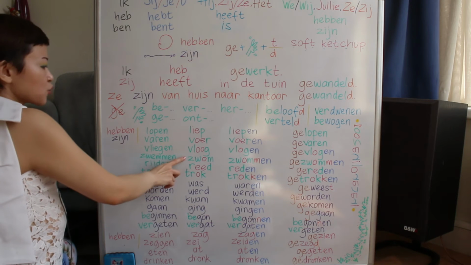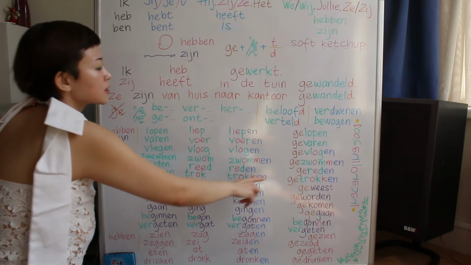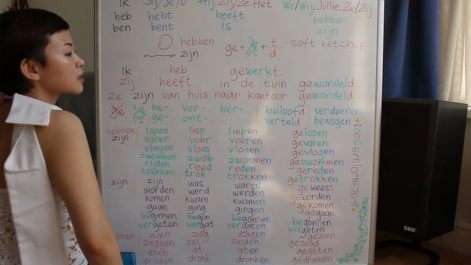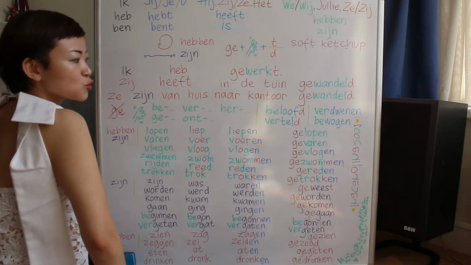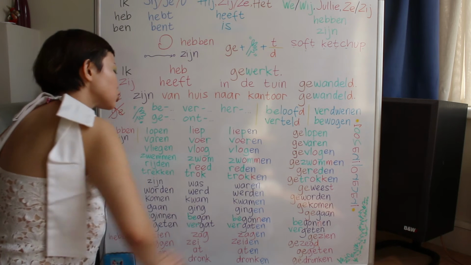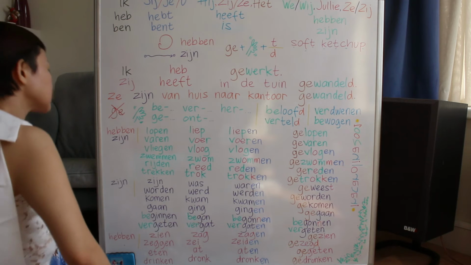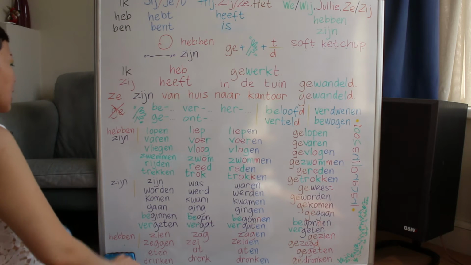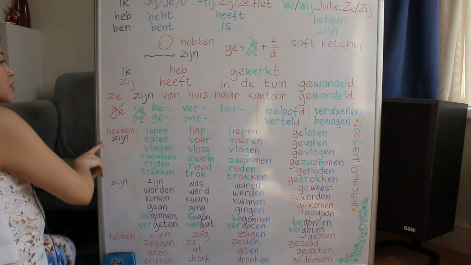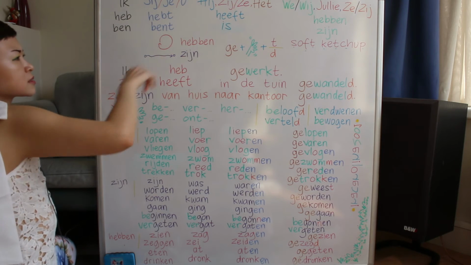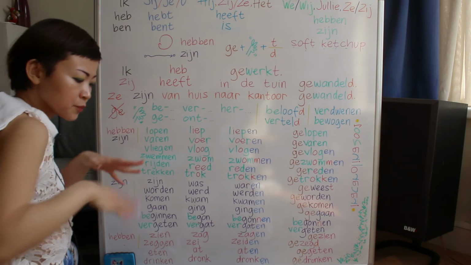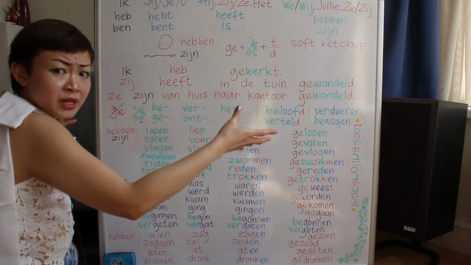Zwemmen, zwom, zwommen, gezwommen. Swim, swam, swum. You can use hebben or zijn. It depends if you're swimming in a pool or swimming from one point to the other point.